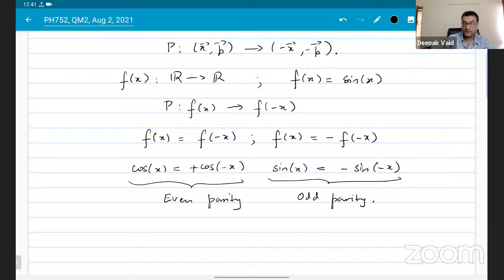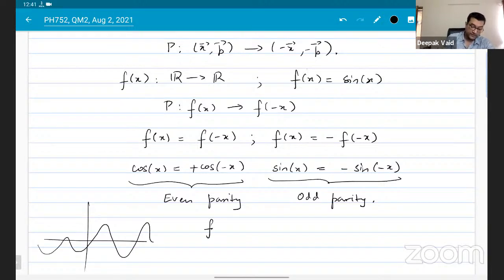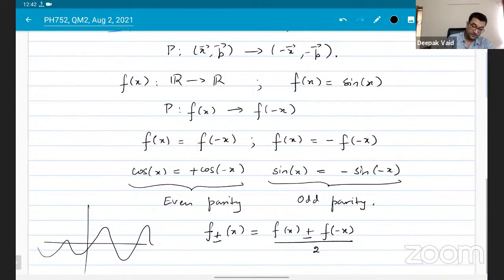Now, if you have an arbitrary function, that function may or may not have even or odd parity, right? So, for instance, if I take some arbitrary function like this, this function has neither even parity nor odd parity. But what I can do is, given any function, I can construct an even part and an odd part just by taking linear combinations of f of x and f of minus x.